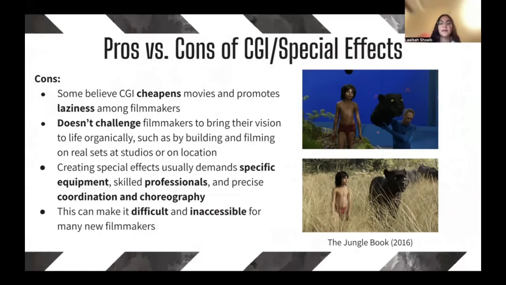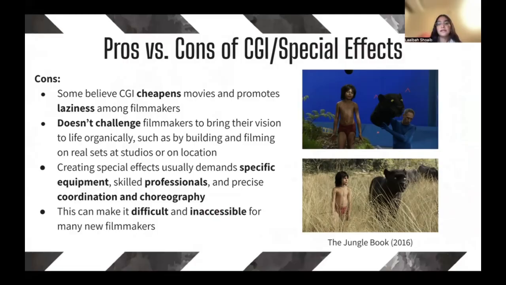A good example of this is the live adaptation of The Jungle Book from 2016, which we can see some pictures from on the right. And this adaptation relies pretty heavily on CGI for all of its background and landscape shots. And the film largely takes place in the jungle and a lot of natural habitats like that.